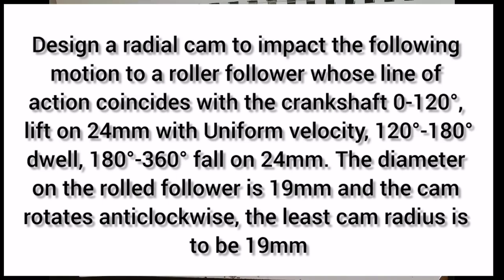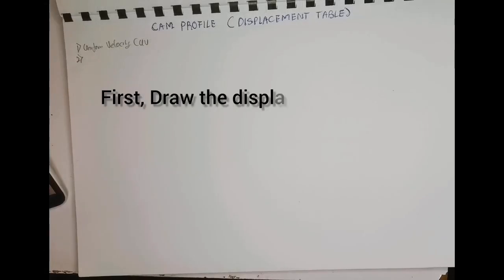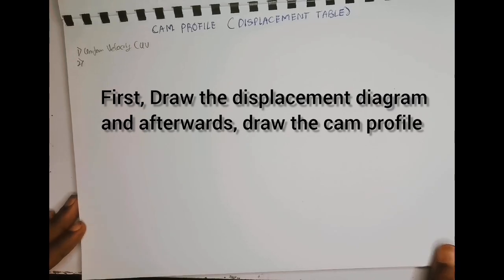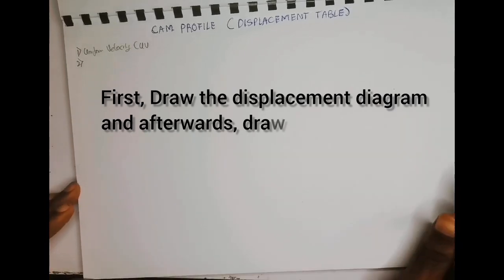The diameter of the roller follower is 19 mm and the cam rotates anti-clockwise. The least cam radius is to be 19 mm. So the first step is to draw the displacement diagram, and after drawing the displacement diagram, we draw the cam profile using the displacement diagram.